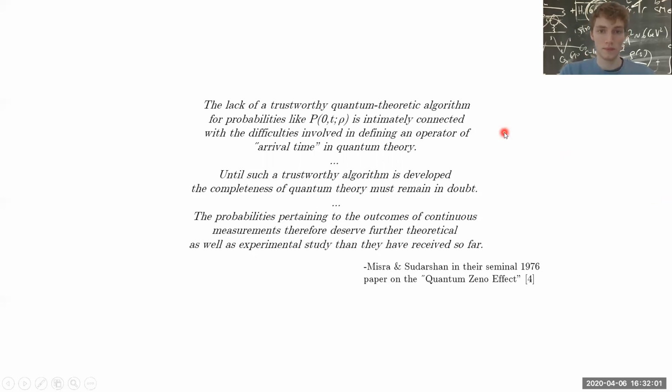Now, on that note, I just wrote a quote here by Misra and Sudarshan, which they wrote almost 50 years ago, pleading both theory and experiment to spend more time on problems like arrival time.